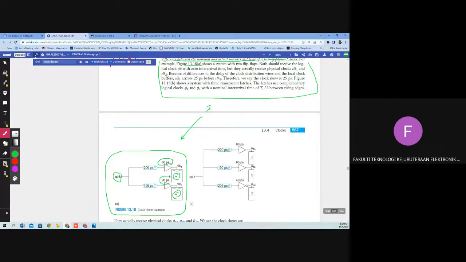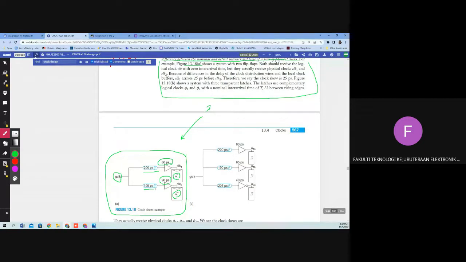We also have a wiring delay of 200 picoseconds for the wires for clock CLK1, and another delay for the wires that deliver clock number 2, which is 195 picoseconds.